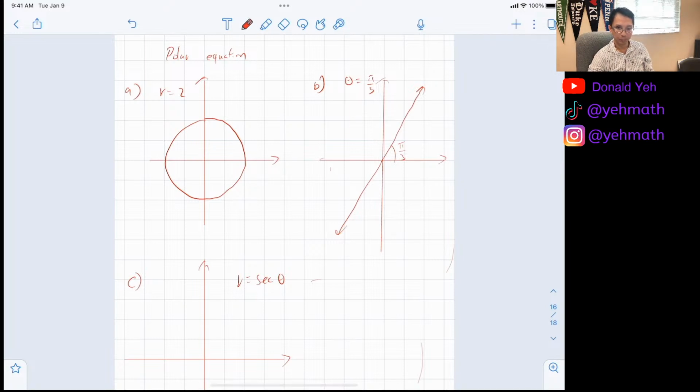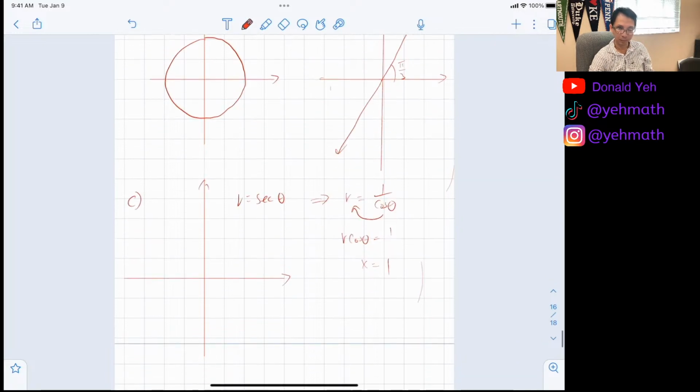Because if you multiply or divide, sorry, 1 over cosine, can I move it to the other side? Yeah, cosine's like that. What is r cosine theta though? That's x. Just x. x equals 1, baby.